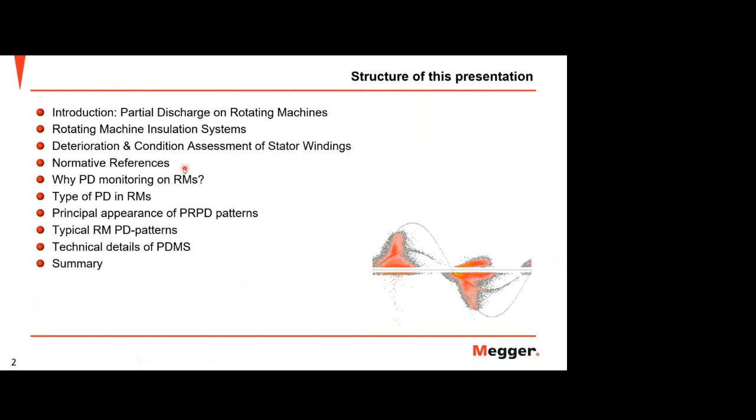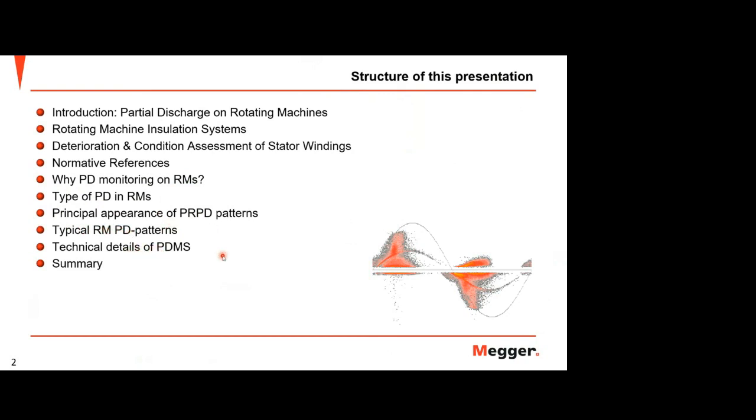We also talk about the deterioration and condition assessment of stator winding. Some normative references I will also show you as your reference when you do testing and analysis. And why PD monitoring on rotating machine, types of PD in rotating machine, some principal appearance of the PRPD pattern, and I will also share some typical rotating machine PRPD patterns.